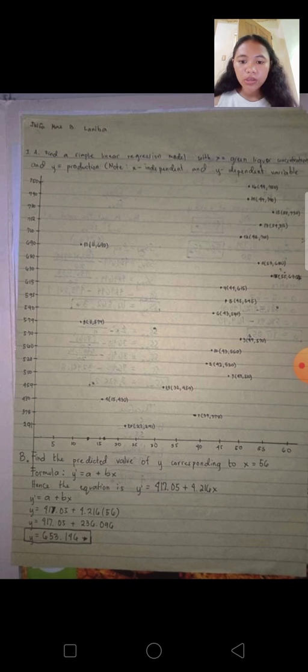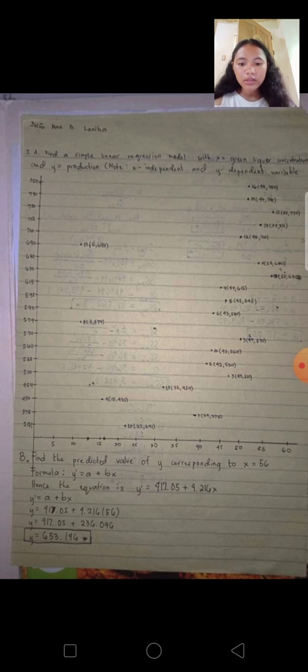So, substitution: y is equal to a plus b times x, so y is equal to 417.05 plus 4.216 times 56, or the given x. Another na pod is, y is equal to 417.05 plus ang total nga sa B times X, which is 236.096.